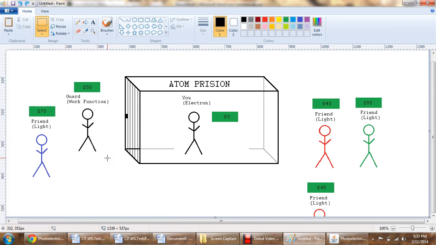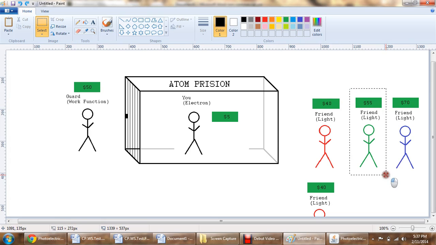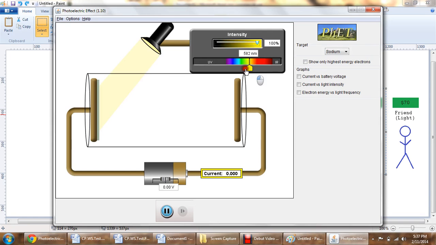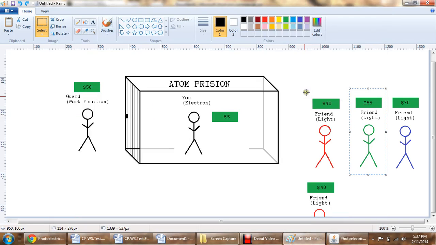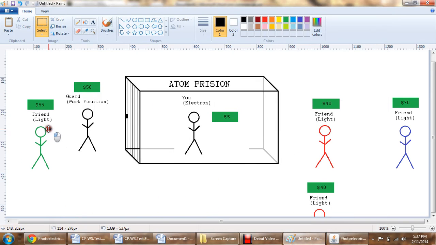Let's reset the scenario. We'll bring your blue friend back to life. Green friend comes along. Just like we see here, blue was successful, but so was green. We did notice, though, the green electrons did not have a lot of energy compared to your blue and violets. So the green friend comes along. "I have $55."